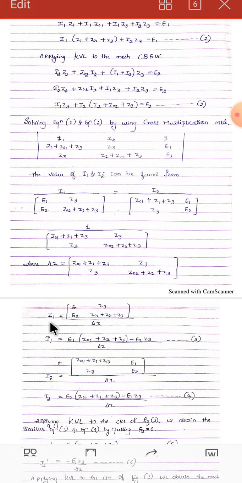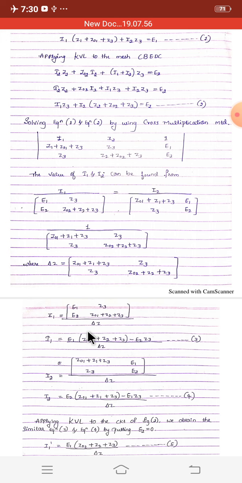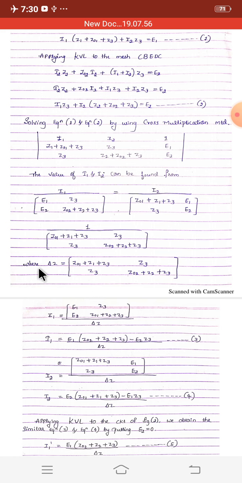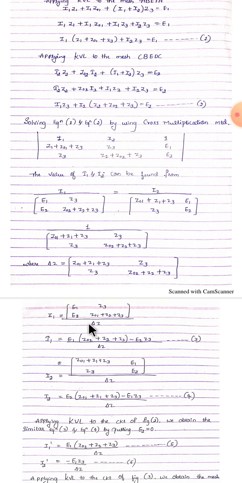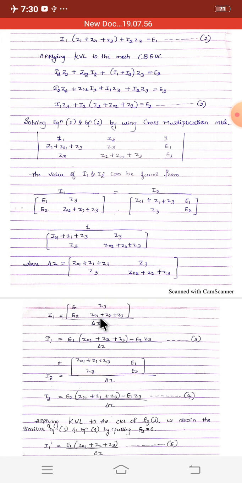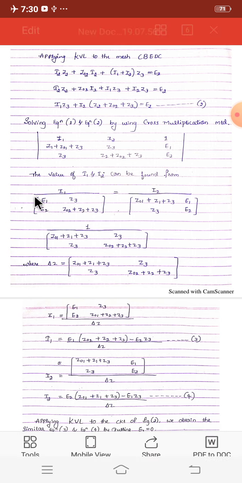Next, we want I1, so I1 equals this term divided by delta Z. Sorry, make a correction here: this term is indicated as delta Z only.